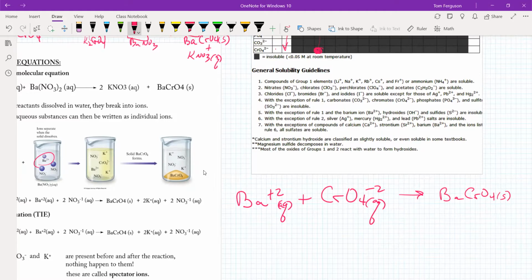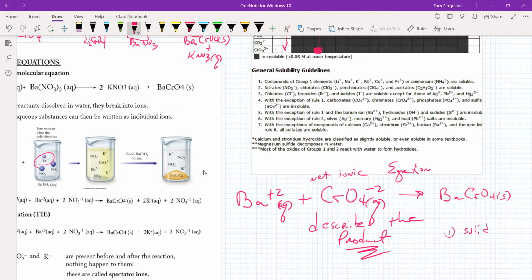So the net ionic equation describes the product, which could be a gas, a molecular compound, or a solid, any of those three.